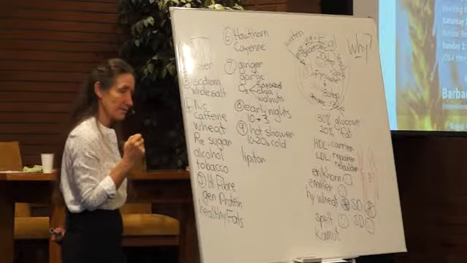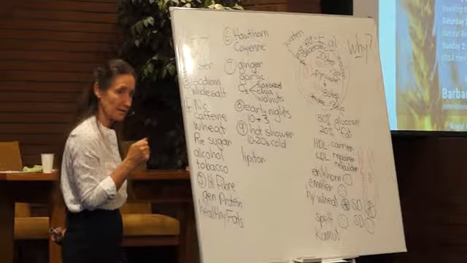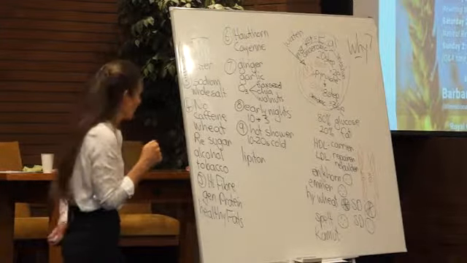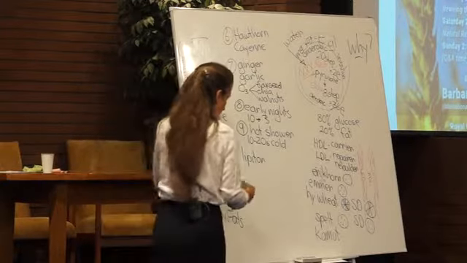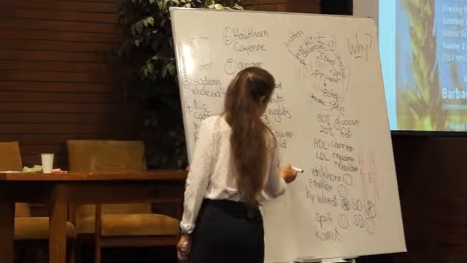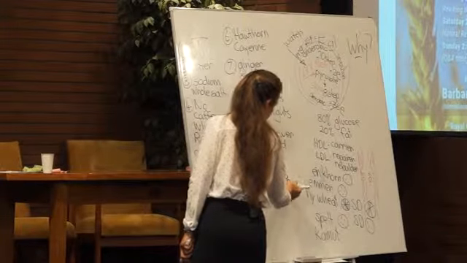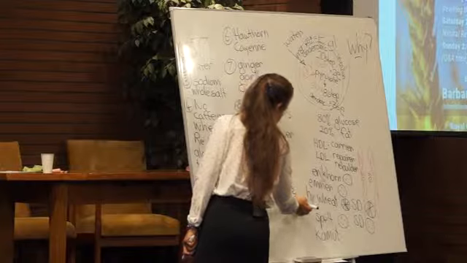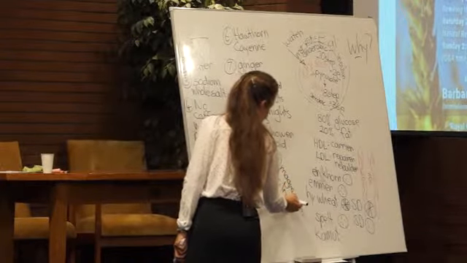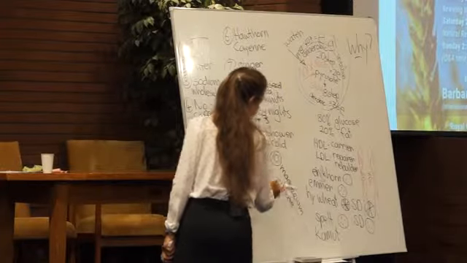Yes? Are there any good supplements to replace the medications? Probably the only thing that I would add to that, and we'll put it on a 10, is magnesium. Magnesium citrate is the most absorbable form of magnesium.